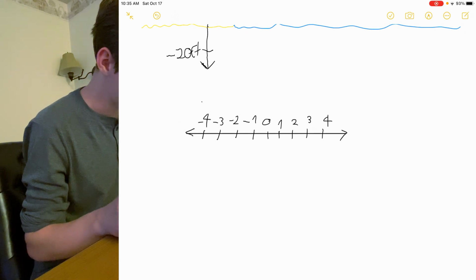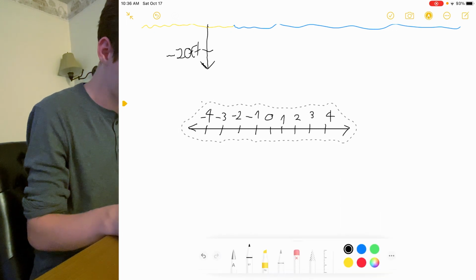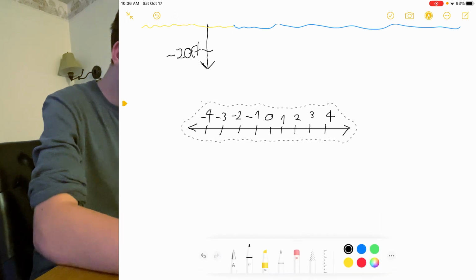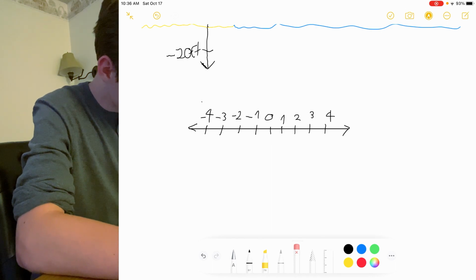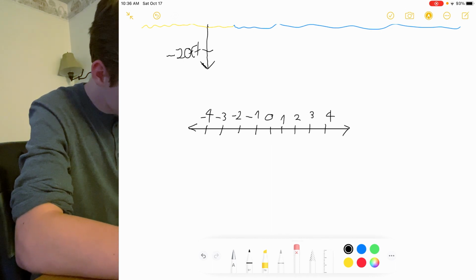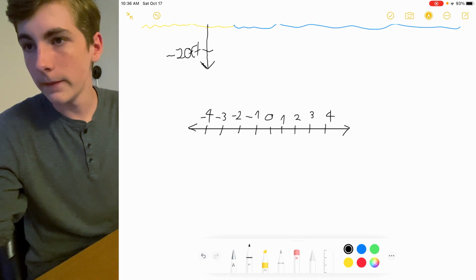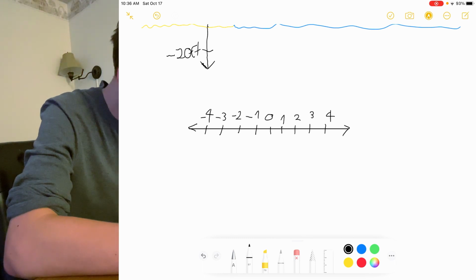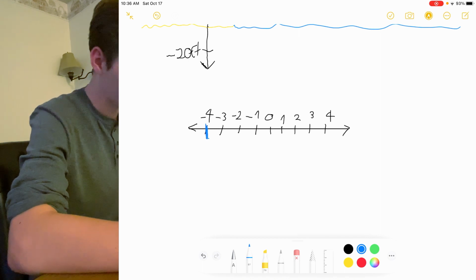Okay, so this is our number line. When we look at this number line, let's say we look at the number -4 here, right? So just highlight this right here. That's what we're looking at.